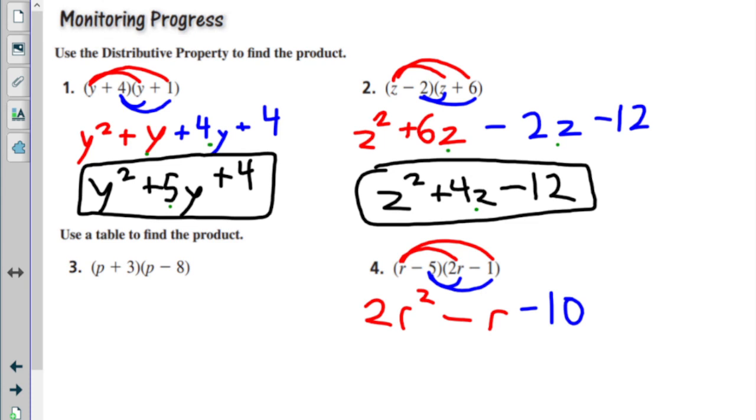And then the variable, I just have one of the r's, so minus 10r. And finally, this is where we need to be careful of our signs, I have negative 5 here times a negative 1 here. So negative times a negative is a positive, and 5 times 1 is 5.